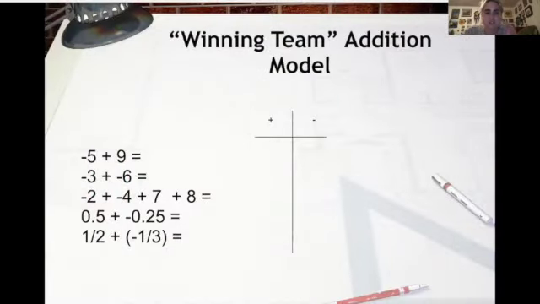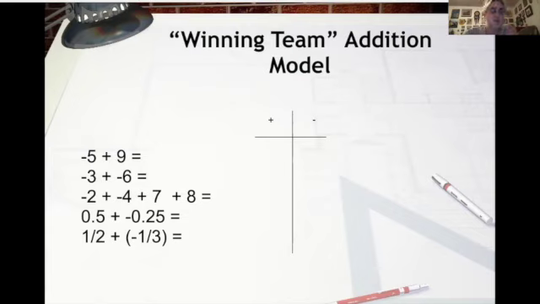The winning team addition model. I want you to go ahead and take a moment or two to solve these. So we have -5 plus 9, -3 plus -6. Remember, we are keeping the sign. -2 plus -4 plus 7 plus 8. We have a decimal, 0.5 plus -0.25.